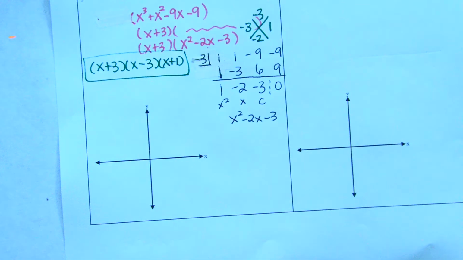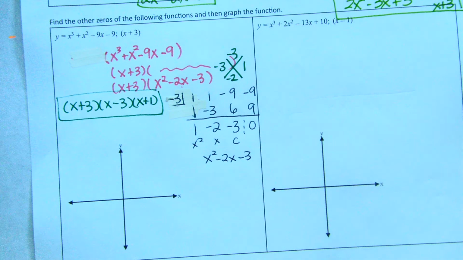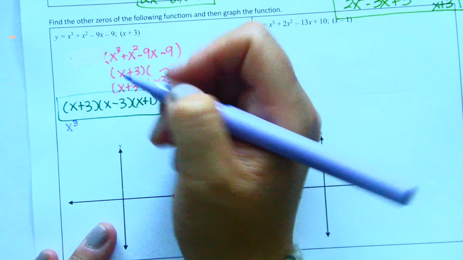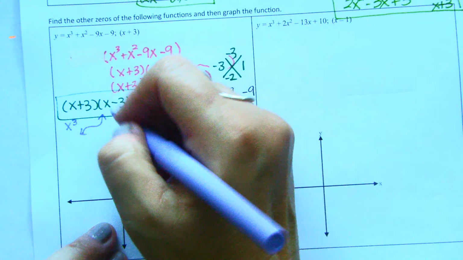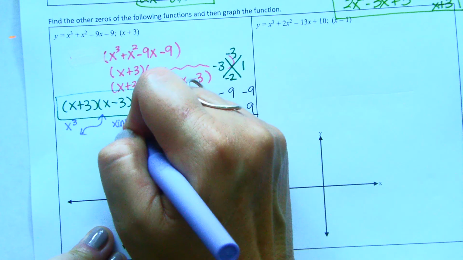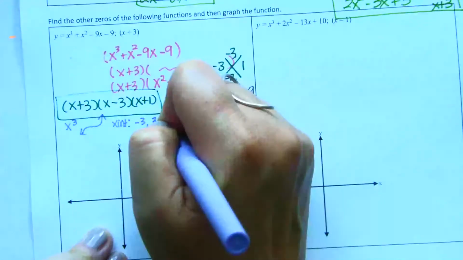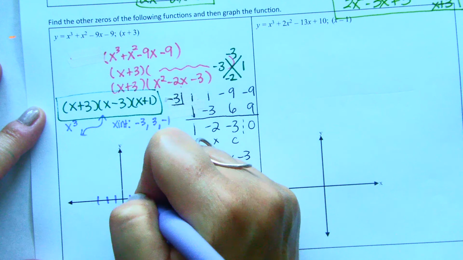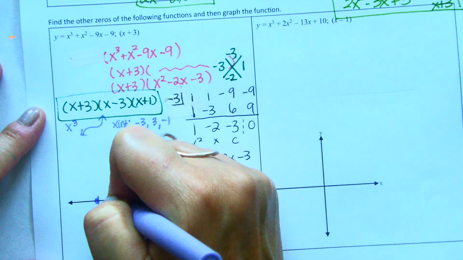And now that I have it in factored form, it's exactly like we did before, where this is going to be an x cubed, right? And it's a positive x cubed, so I know it's going to be the general shape with end behavior like that. My x-intercepts are -3, 3, and -1. So 1, 2, 3, 1, 2, 3. So -3, 3, and -1.